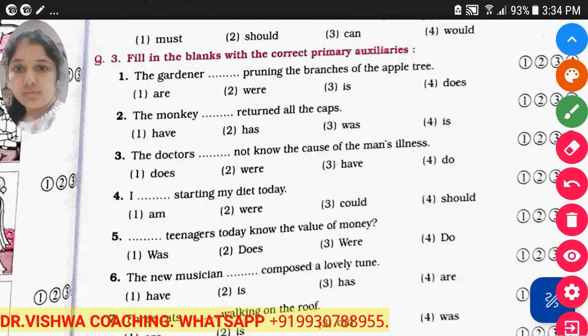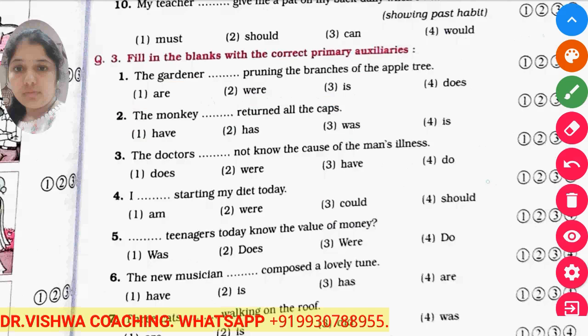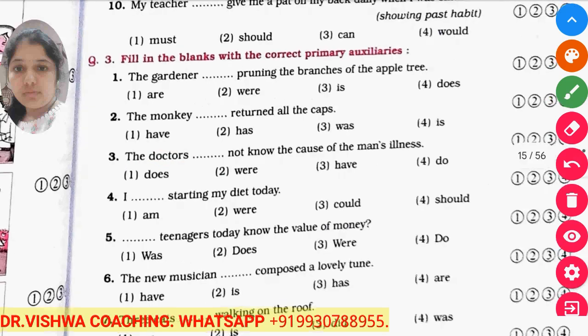Doctors dash dash not to know the cause of the man's illness. Now the given options are does, were, have, do. So doctors does not know the cause of the man's illness. Why does? Because again doctor is a plural thing. So okay, so see, doctors is given here, not a doctor.